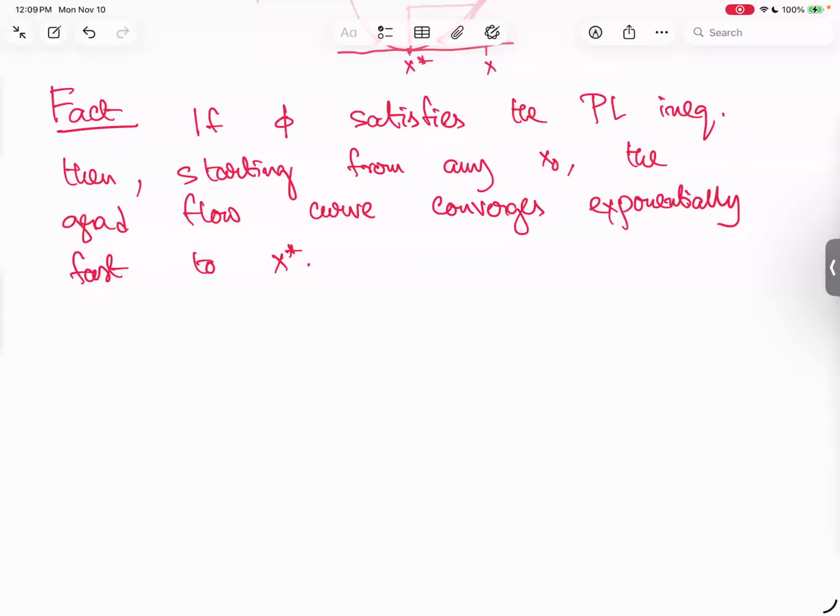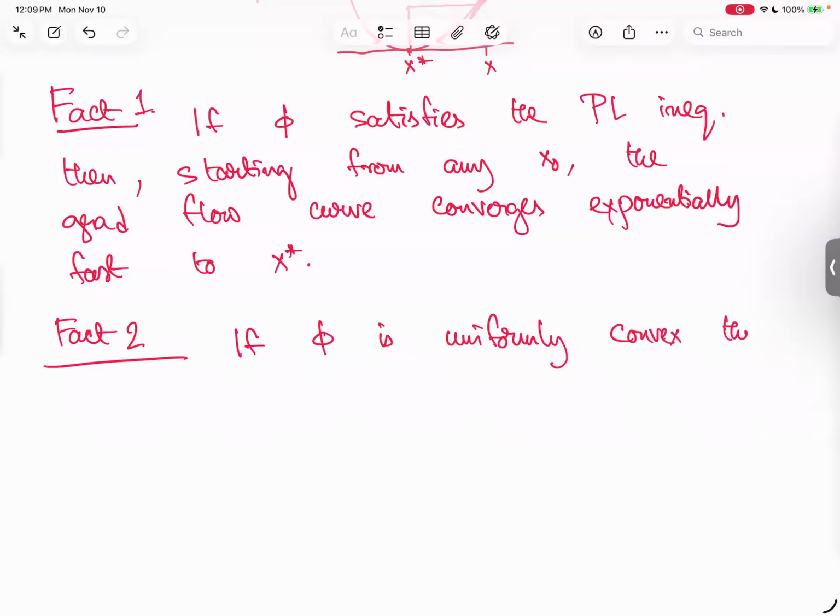And fact 2, which we will also prove: if phi is uniformly convex, so lambda convex for some lambda positive, then it satisfies PL.